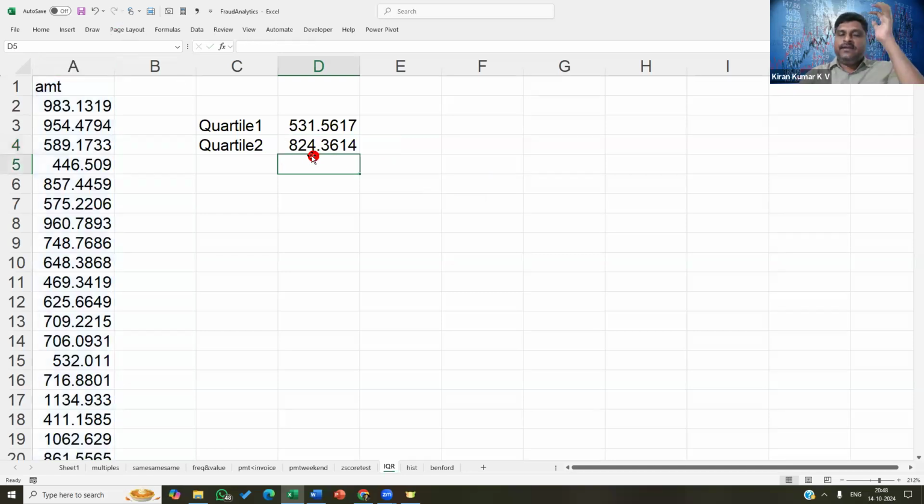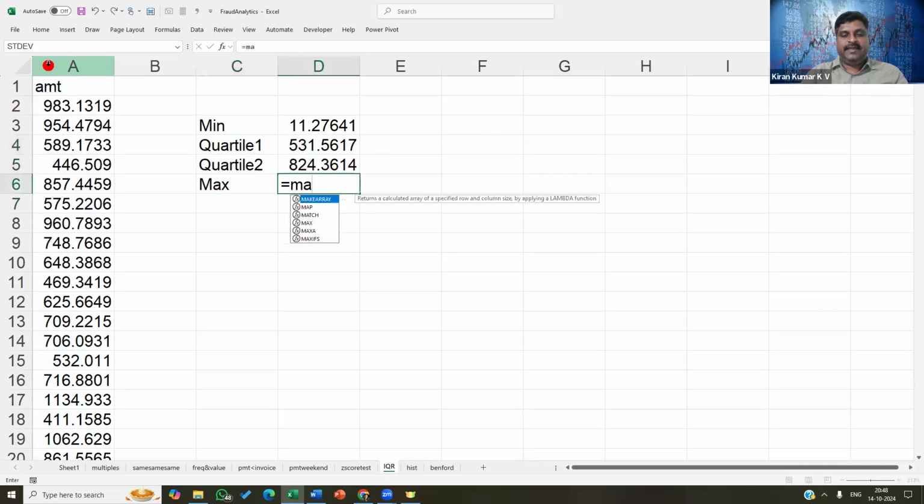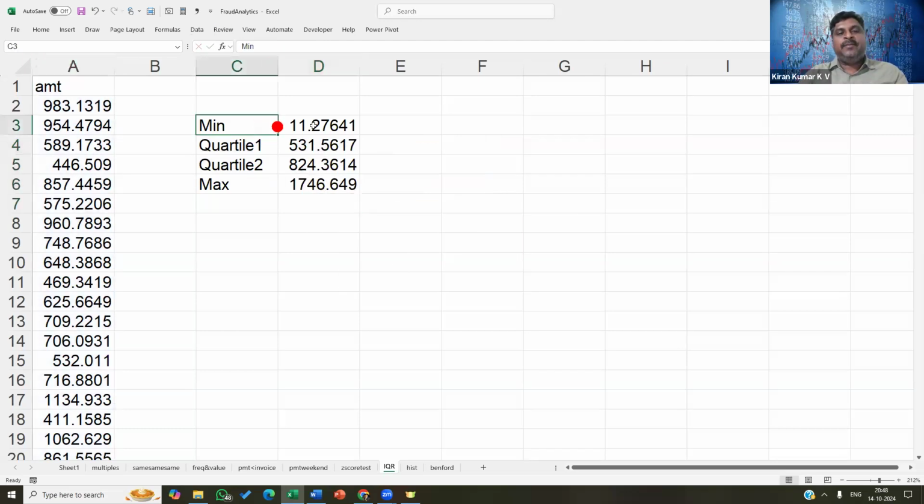Just to give you a perspective, let's see the minimum and maximum of this data. Minimum is 11, maximum is 1746. The 25th percentile, Q1, is 531 and Q3 is 824.